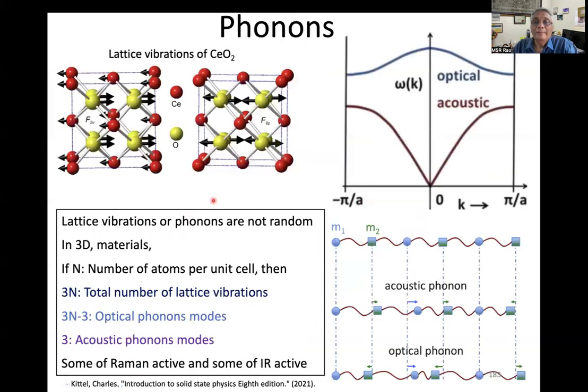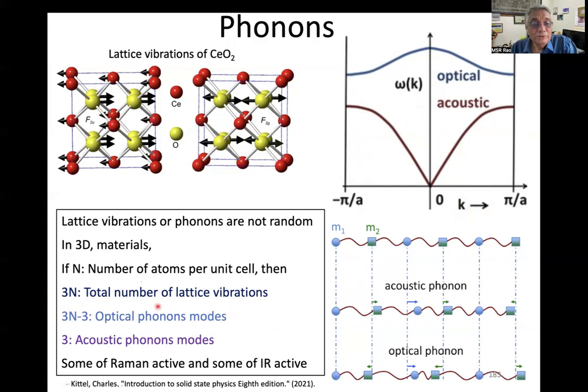Please note that. Now, if you look at phonons, lattice vibrations or phonons are not random in 3D materials. If n is the number of atoms per unit cell, then you have 3n total lattice vibrations. This is a typical well-known representation that you will see in all solid-state physics textbooks when you plot omega versus k, that is the wave vector.